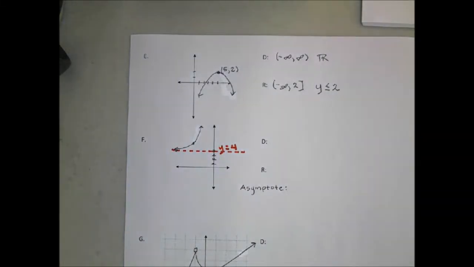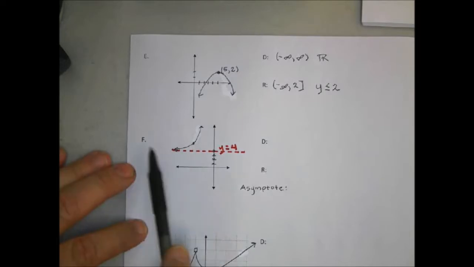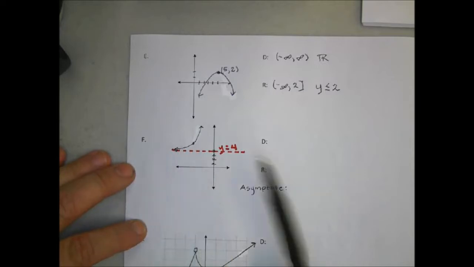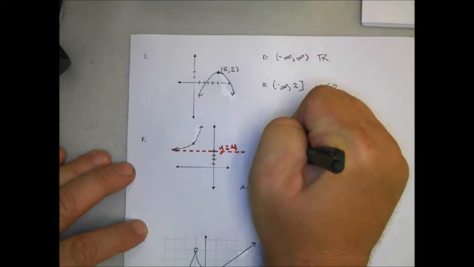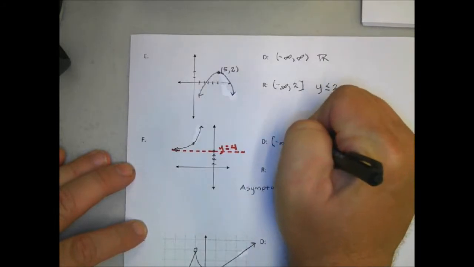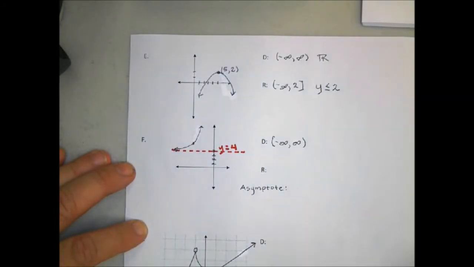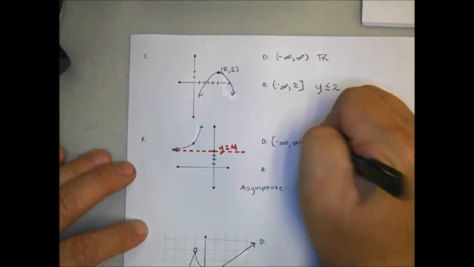So on the left-hand side, it's getting closer and closer and closer to y equals 4, but it's never going to touch it. Now, domain, it goes to the left forever and ever, and it goes to the right forever and ever. So we're still looking at negative infinity to positive infinity, or all reals.